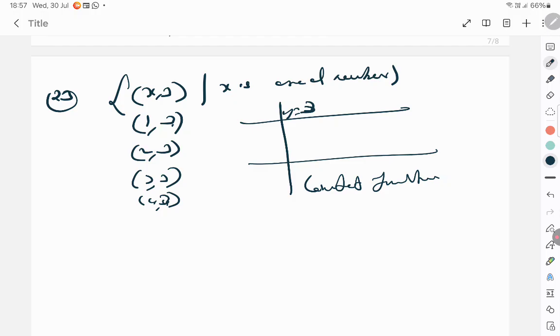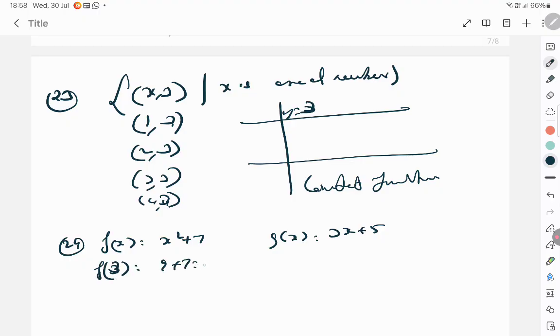So next, they might give you questions like this, the 24th question, where they are giving you f of x is equal to x square plus 7 and g of x is equal to 3x plus 5. And they might ask you what is f of 3. F of 3, in the place of x substitute 3, it's 9 plus 7, write that value.